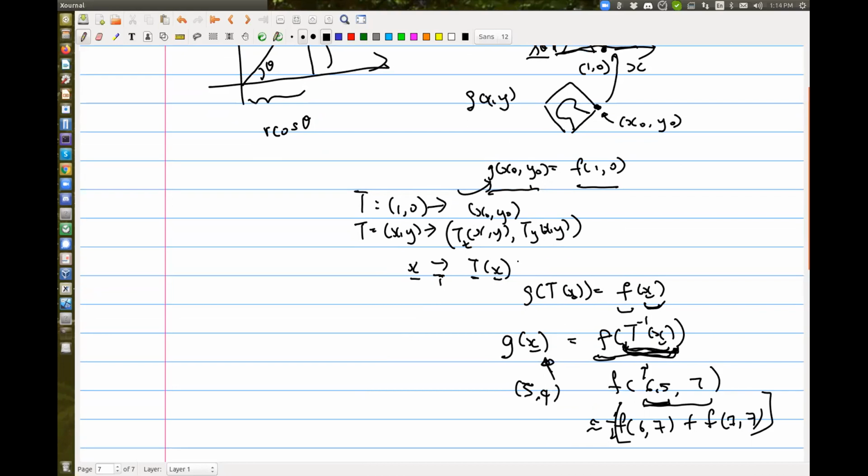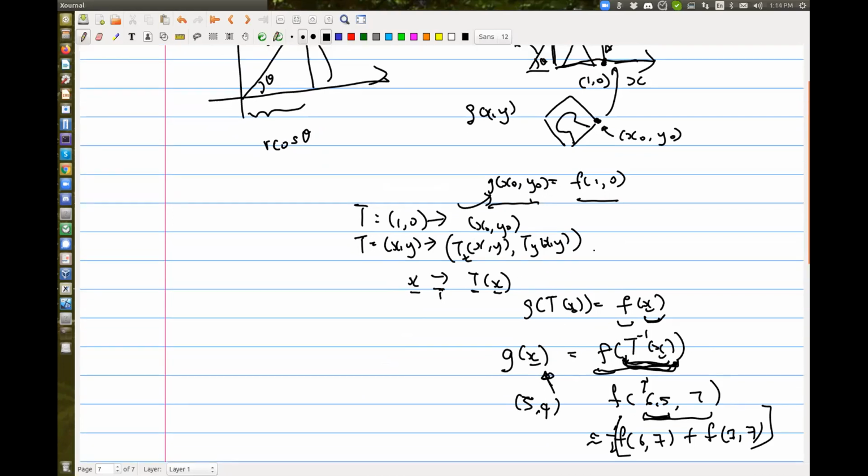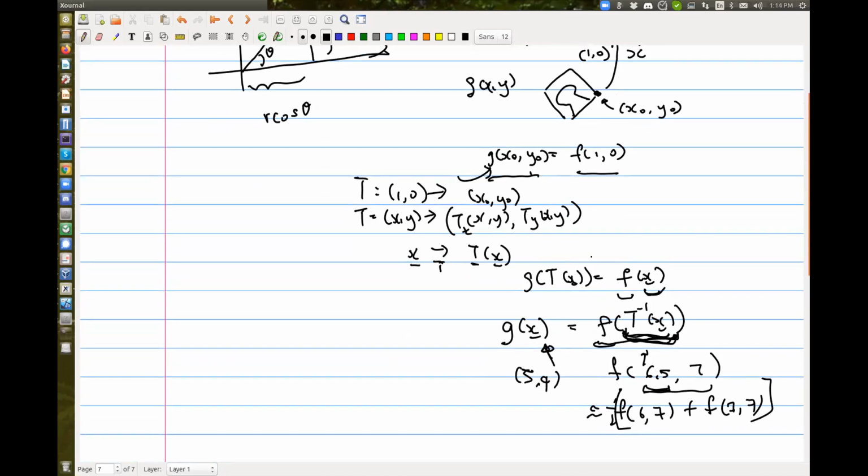So this is just generic image warping. Note that when I do warping, I'm transforming the coordinate. On the other hand, if you think of filtering, I'm actually transforming the intensity instead. If I have the original image f(x) and I do filtering, I'm modifying the intensity.